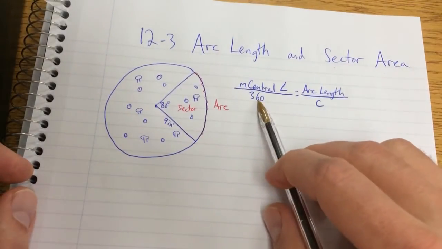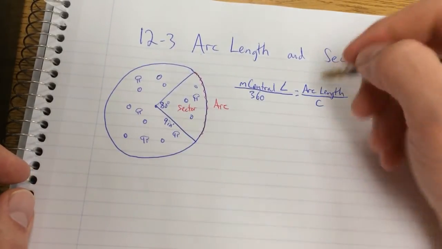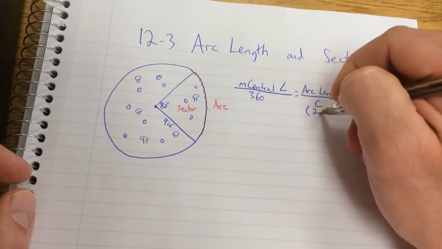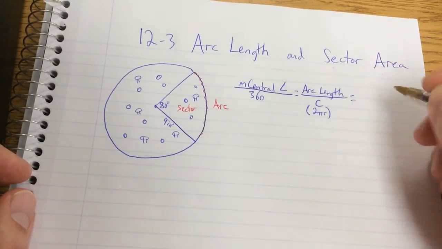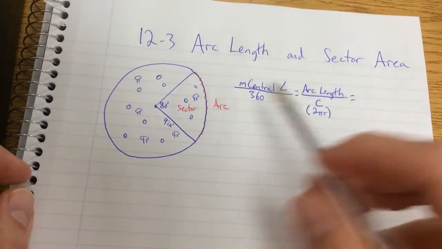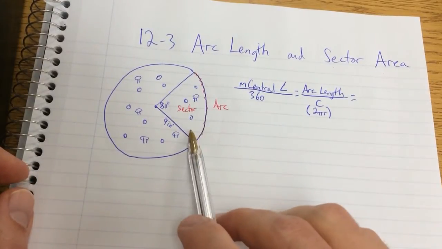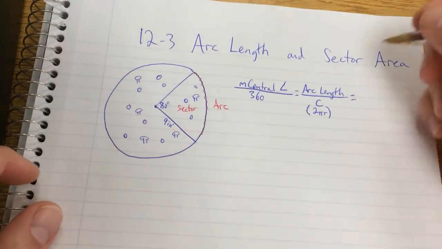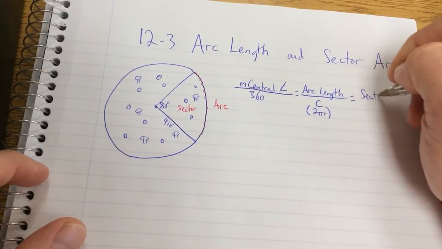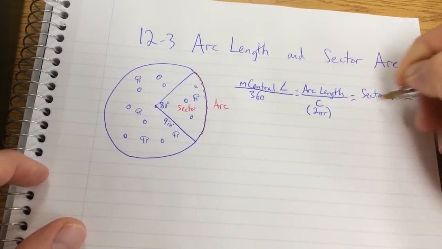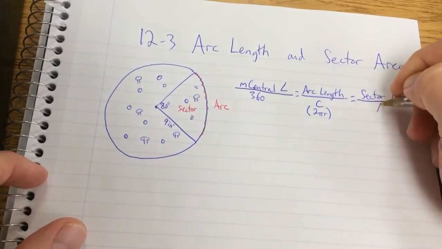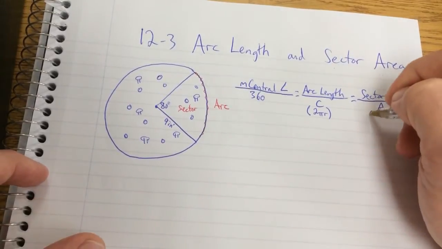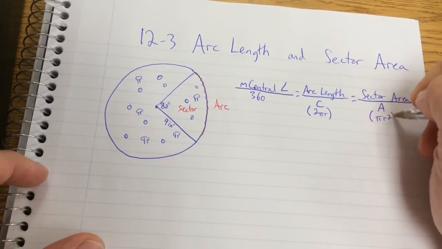So the measure of the angle over 360 is equal to the arc length over the circumference. I can find circumference by the formula 2 pi r. That will also be proportional to the sector area compared to the whole entire area of the pizza, the area of the circle. And I can find that using my formula pi r squared.